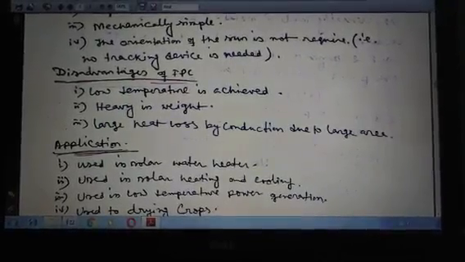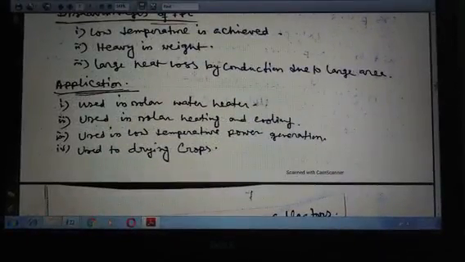The area of the flat plate collector is very large, so heat loss occurs in this type of collector. Now the applications of the flat plate collector. Used in solar water heaters, solar heating and solar cooling systems, low temperature power generation, and drying crops. So these are the application areas of the flat plate collector.